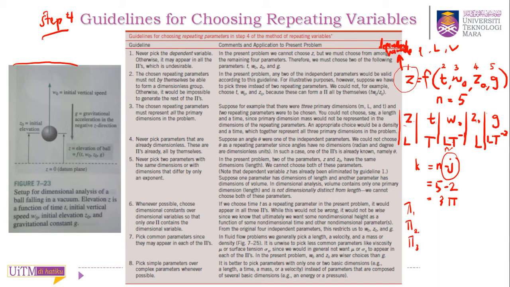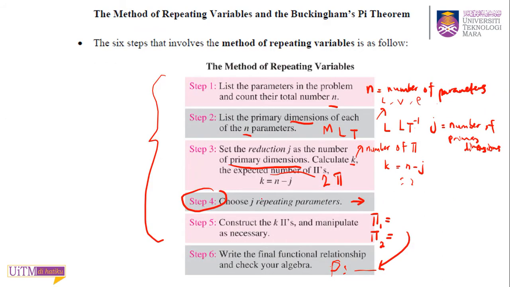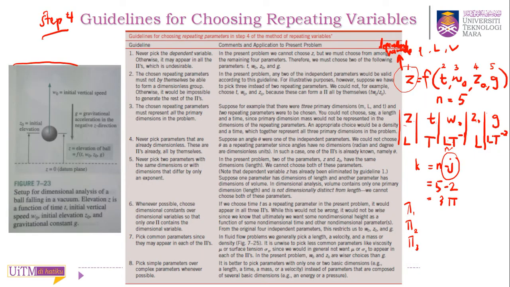So I want to explain step 4. Step 4 is to choose the j repeating parameters. Now you want to choose these repeating parameters. There are 5 parameters here, and because j is 2, there are 2 primary dimensions.